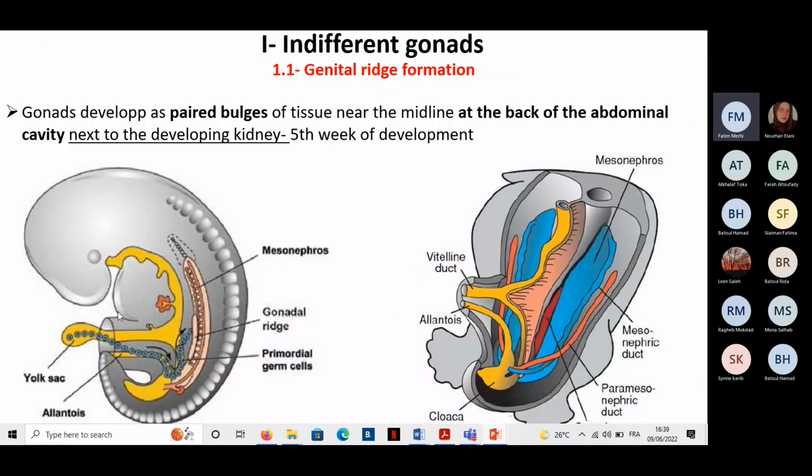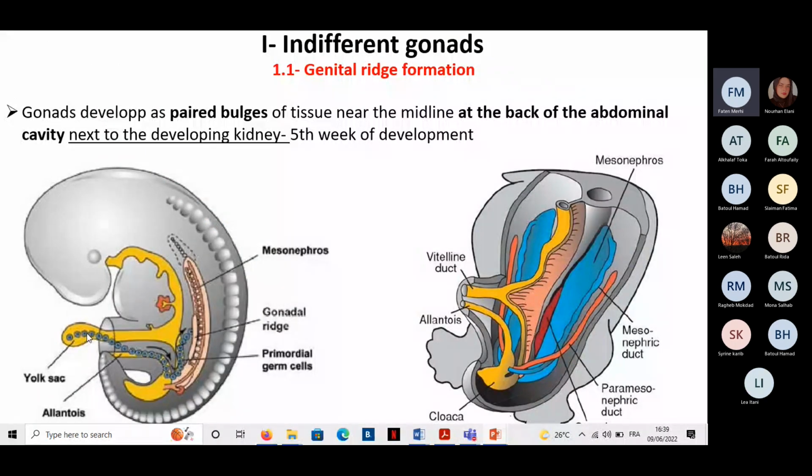Now, I will go back to this figure. Here we said we have the bag and the abdominal cavity with the mesonephros kidney and the genital ridges. If you can see here, this is the gut, this is the heart of the embryo, here is the gut.